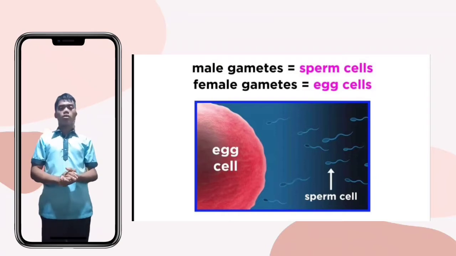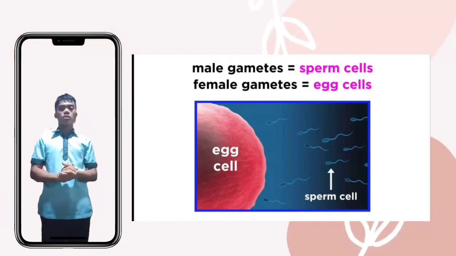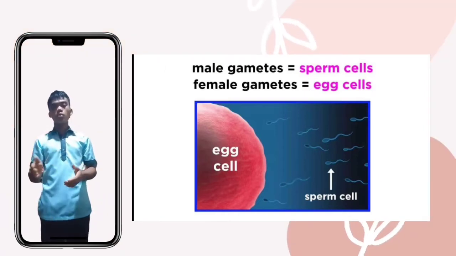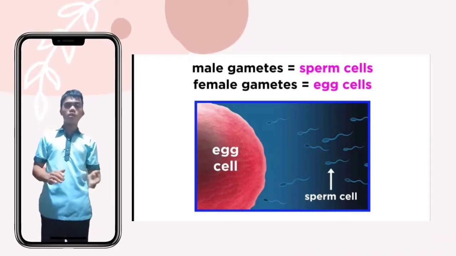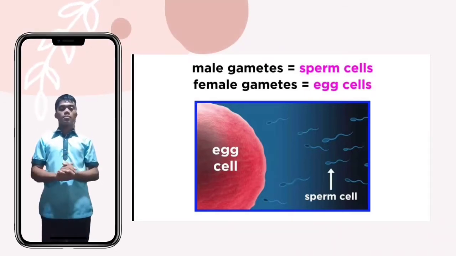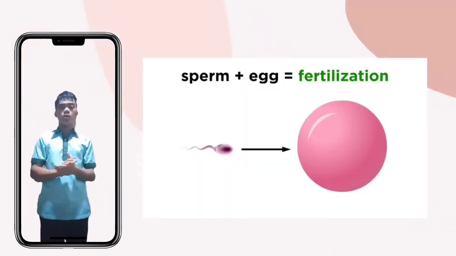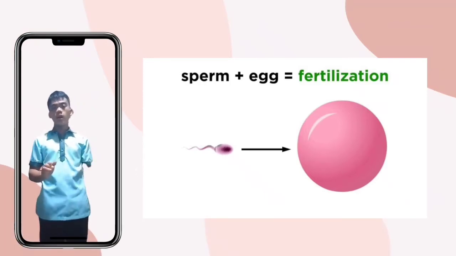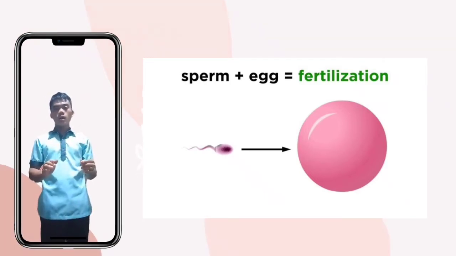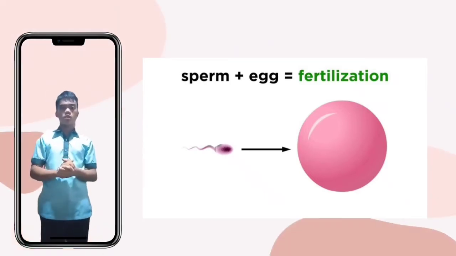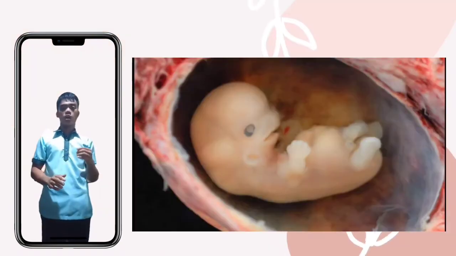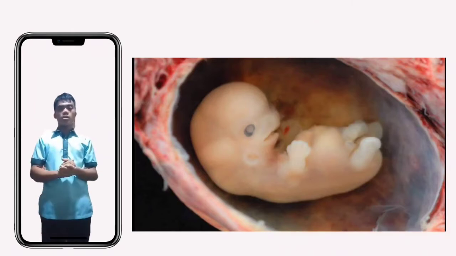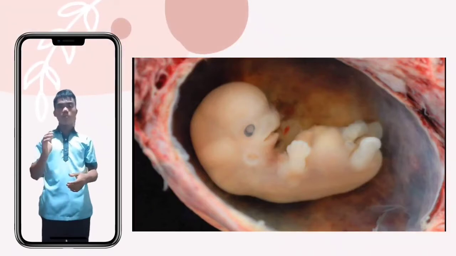As we recall, the gametes produced in males are sperm cells, and the gametes produced in females are egg cells. When a sperm and egg meet as a result of sexual intercourse, fertilization can result, which leads to a zygote, the start of the embryonic development of a human being.